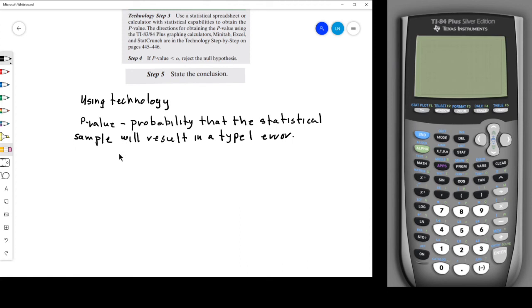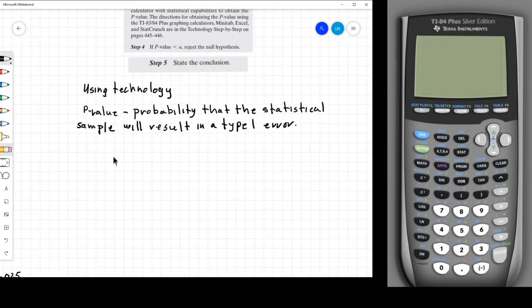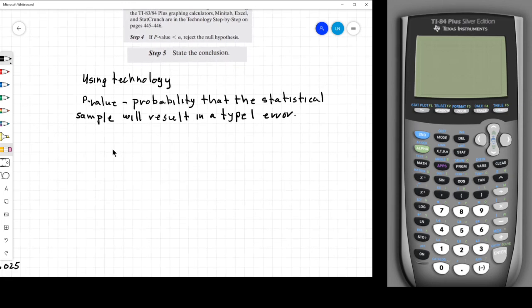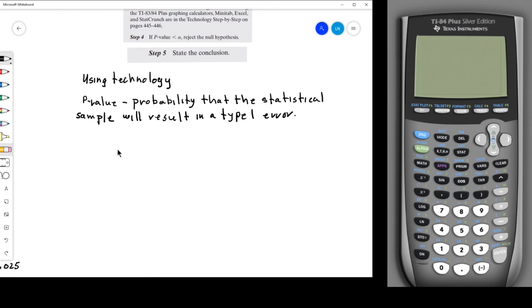That means we have an event that is unusual under the assumption that the null hypothesis is true. Now we are not going to calculate p-values by hand because for me that's a nightmare. I just don't like doing it, and it is a technique that the calculator is more suited to.